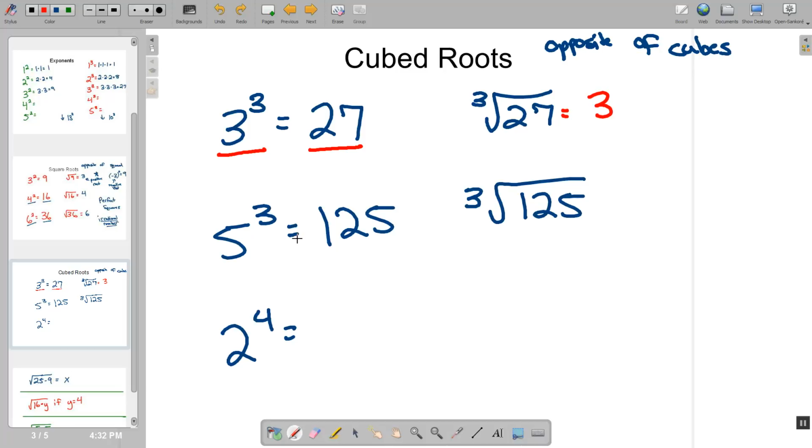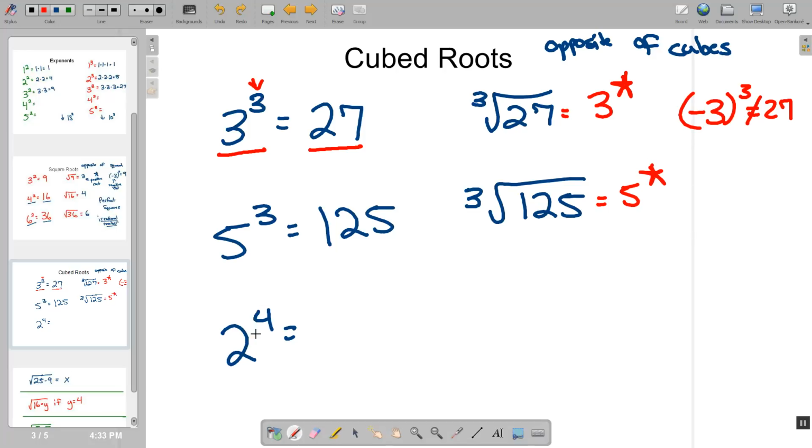And if 5 cubed is equal to 125, that's 5 times 5 times 5, the cubed root of 125 is positive 5. Now, because these are cubed roots, and this is an exponent of 3, negative 3 cubed is not equal to 27. It's actually equal to negative 27. So there are no positive and negative cubed roots. Your only answer is just 3 or 5.